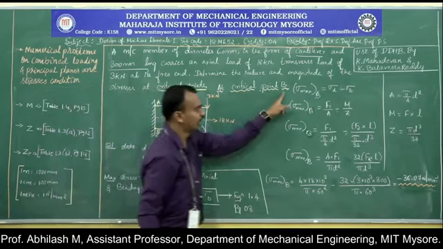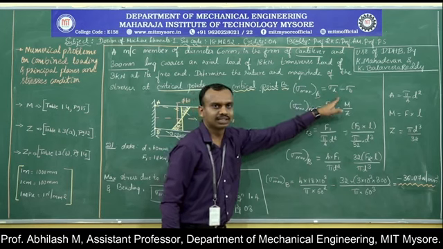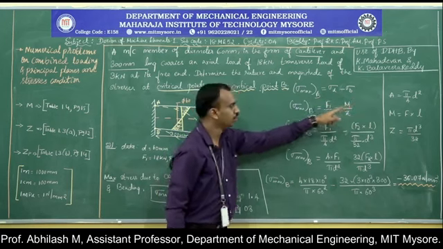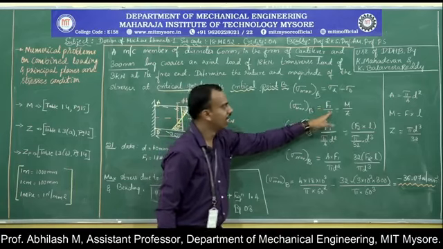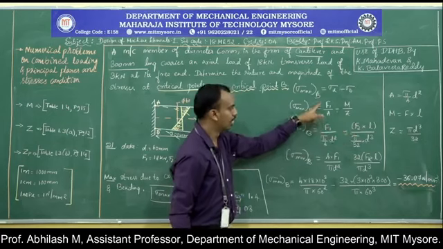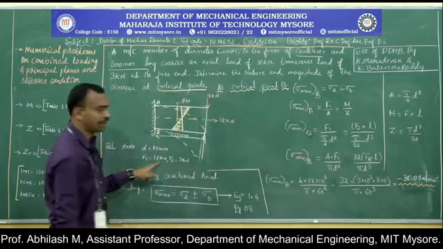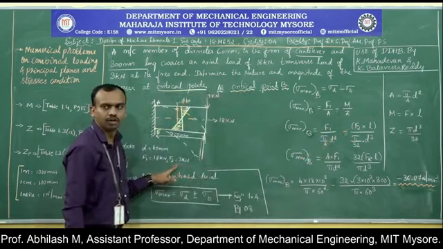So at critical point B, the maximum stress will be equal to the direct stress minus the bending stress. We know that the direct stress is given by F1 divided by A, and the bending stress is given by M divided by Z. So F1 has a value of 18 kilonewton, whereas F2 has a value of 3 kilonewton.